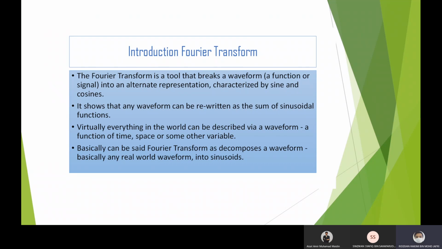So for the introduction of Fourier transform, the Fourier transform is a tool that breaks a waveform, a function or signal, into an alternate representation characterized by sines and cosines. It shows that any waveform can be written as the sum of sinusoidal functions.